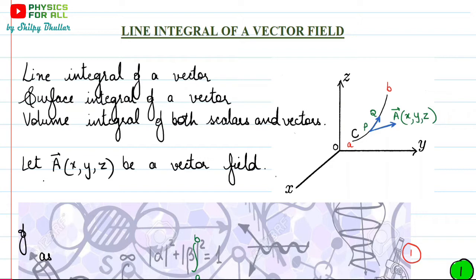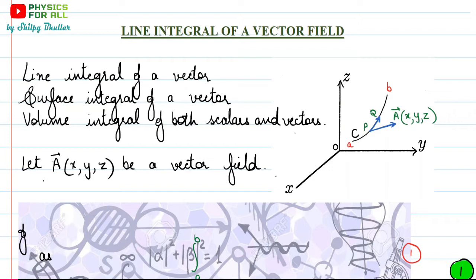And if we are talking of some object, if it's a sphere or a cuboid or something, if it's enclosing some volume, then we can find volume integral. But in that case, the quantity can be scalar as well as a vector. Just the way we remember that gradient is always of a scalar field, and divergence and curl are always formed of a vector function. Similarly, we have to remember these three rules as well.